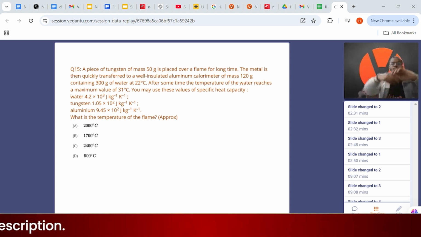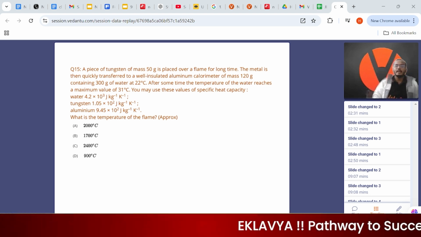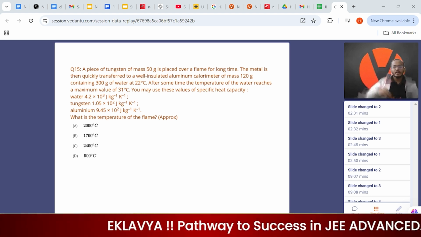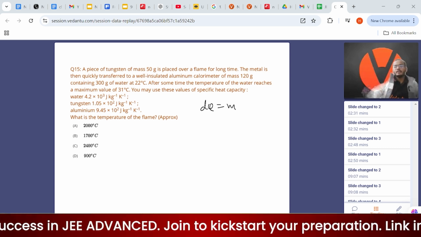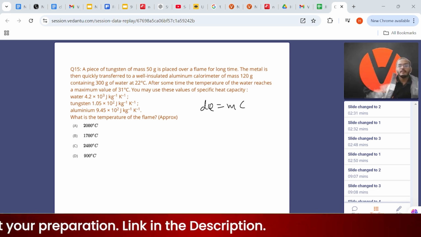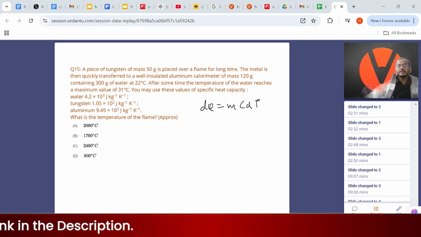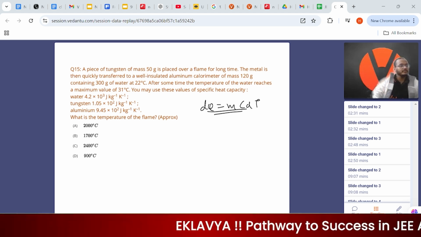So we just need to calculate the temperature of the flame, and the temperature of flame we will calculate using the temperature of tungsten. Okay. Now we know that dq is equals to mc dt, right?